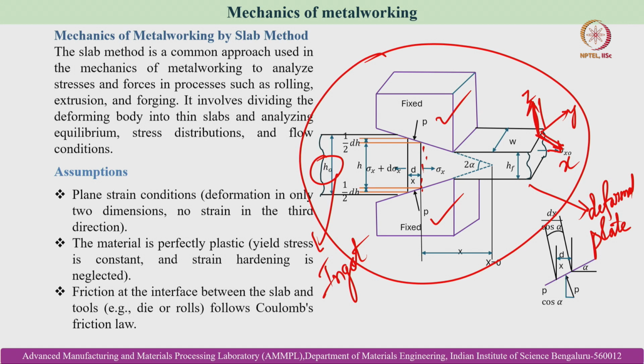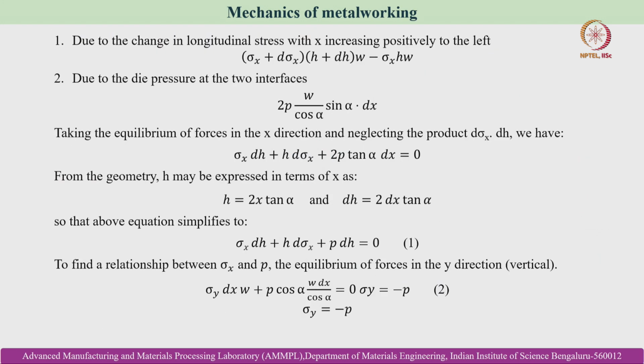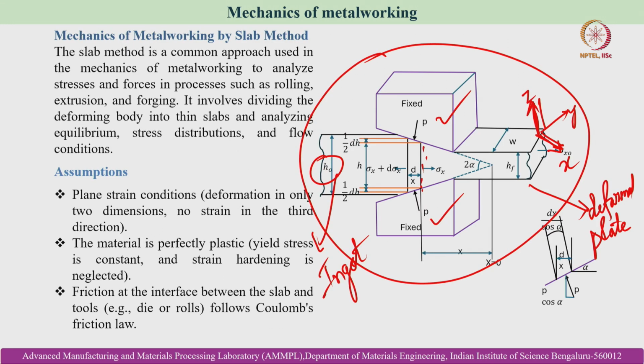So, here we are taking dx by cos alpha, and it is 2 p sin alpha. So, why is this 2 p sin alpha? Because the pressure is acting from both directions, that is from the top and also from the bottom. So, that is why it is 2 p, and then we are taking the horizontal component, because we are making a balance along the x direction.